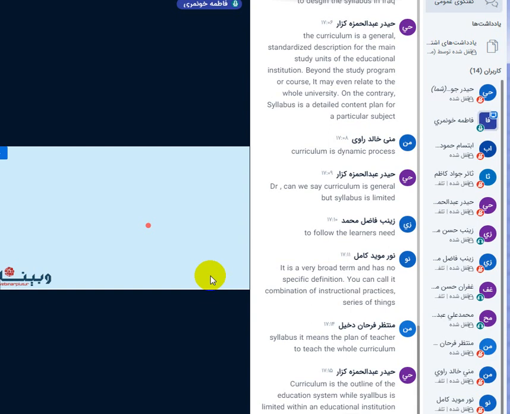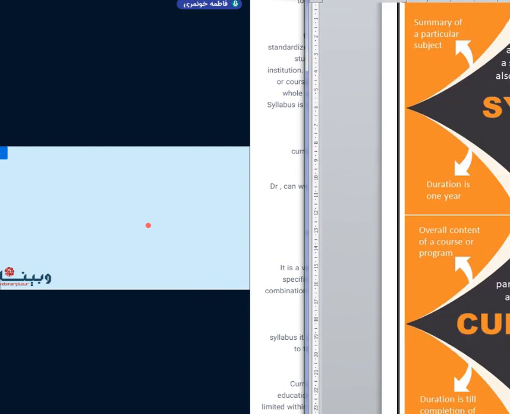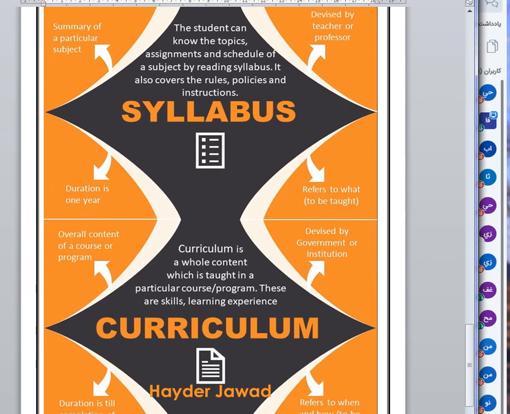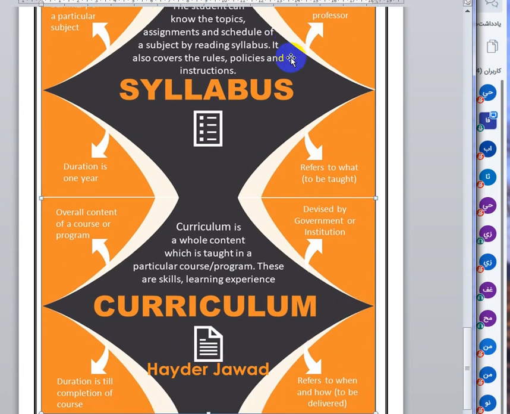That's right. But syllabus is totally limited to the classroom context, where you feel the need for the learners to learn particular aspects of the subject matter, and that is definitely based on the information you gather about your learners when you're teaching them. Okay, so this much is enough.